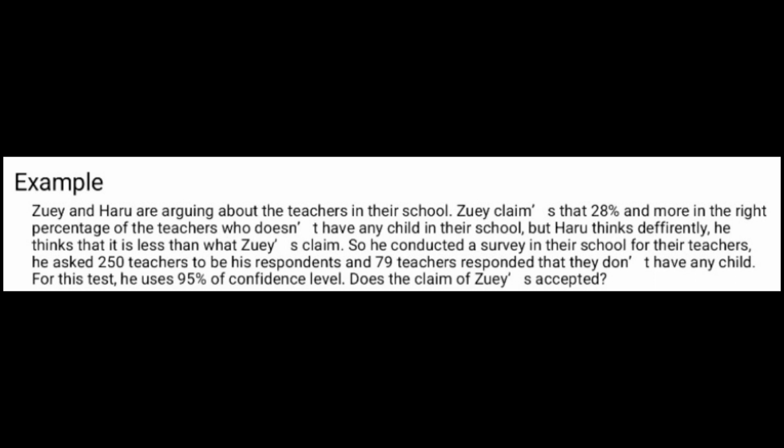But Haru thinks differently. He thinks that it is less than what Sue is claiming. So he conducted a survey in their school for their teachers. He asked 250 teachers to be his respondents, and 79 teachers responded that they doesn't have any child. For this test, he uses 95% of confidence level. Does the claim of Sue accepted?